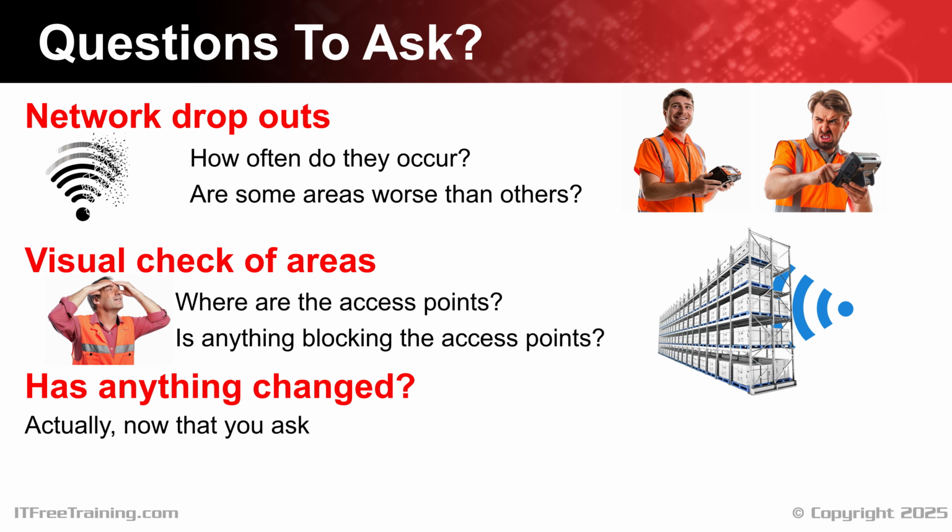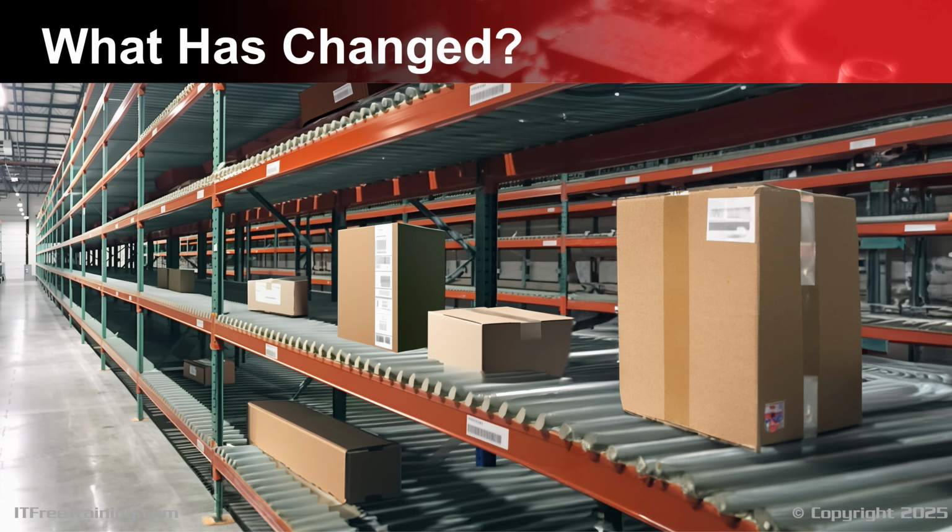Now that you ask, yes, there have been some changes. Since the Wi-Fi network used to work pretty well, something has probably changed, which is now affecting it. In the old days, the warehouse was quite full. However, the company started using just-in-time manufacturing, which is a production strategy that aims to keep the bare minimum number of items in inventory and produce on demand.